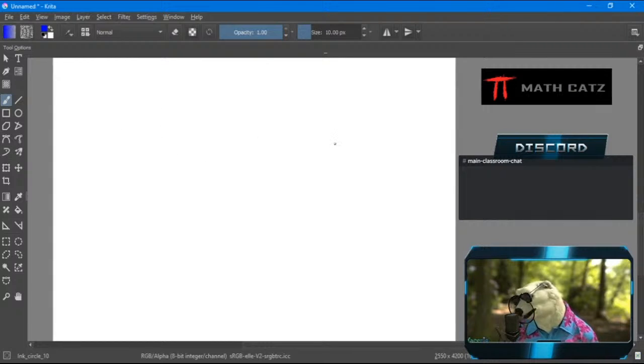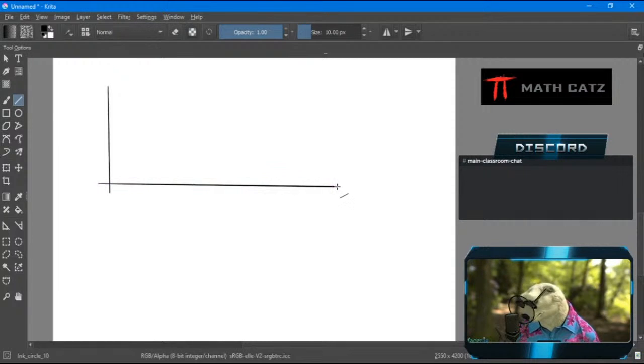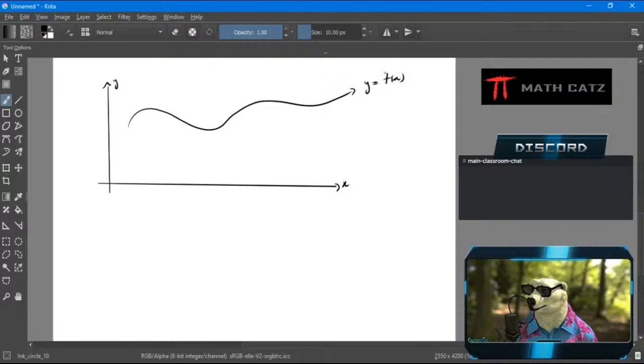So let me just go back to black here. X-axis, Y-axis. It doesn't really matter. Let's make it up and down. There's my function, its graph.